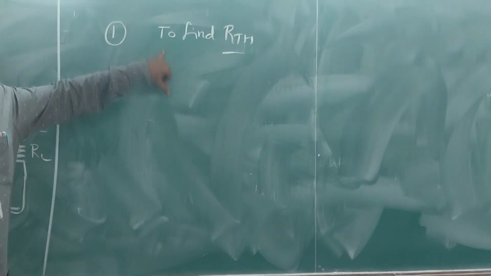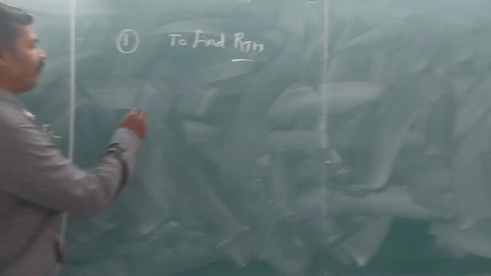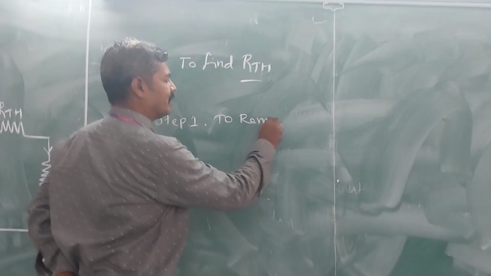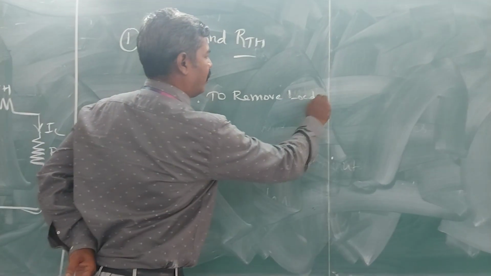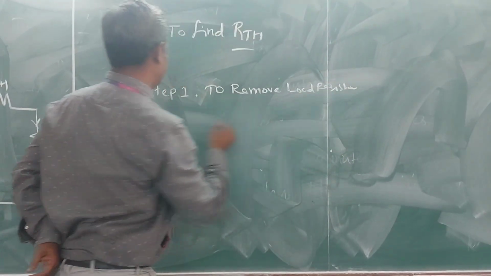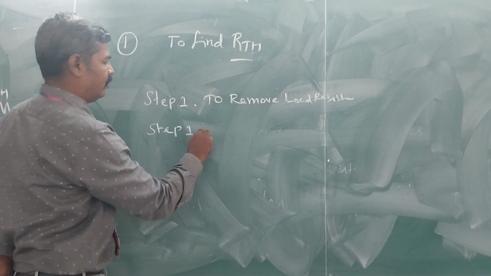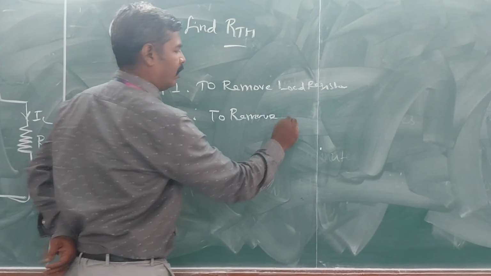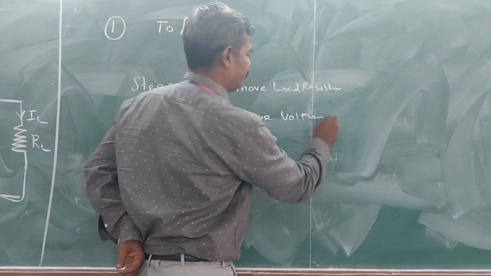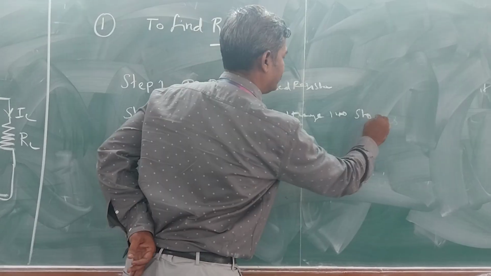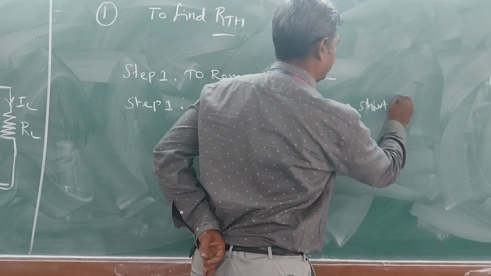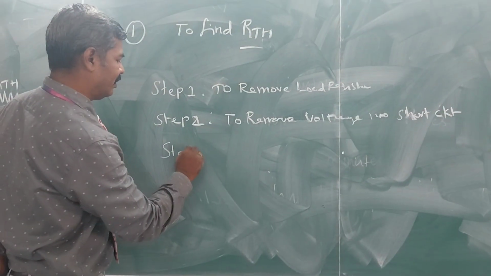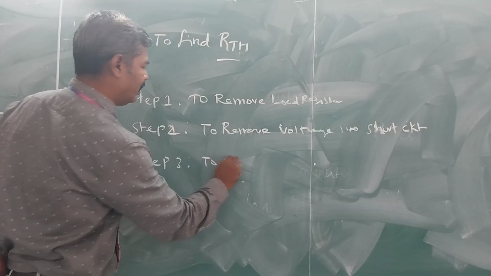We have important steps involved to find the RTH. The first step is to remove the load resistor. The second step is to short circuit the voltage source. Step 3 is to open circuit the current source.